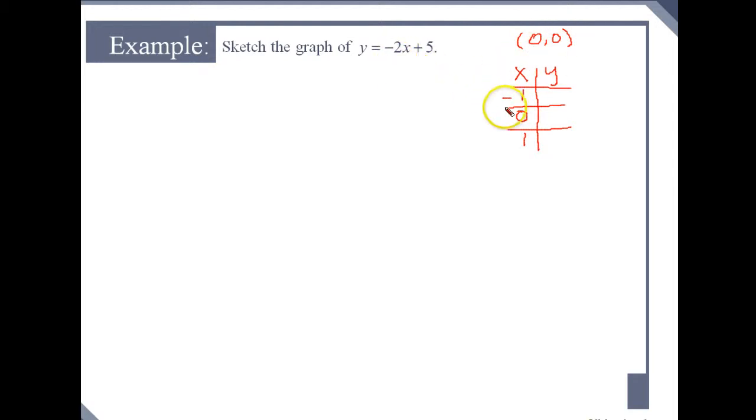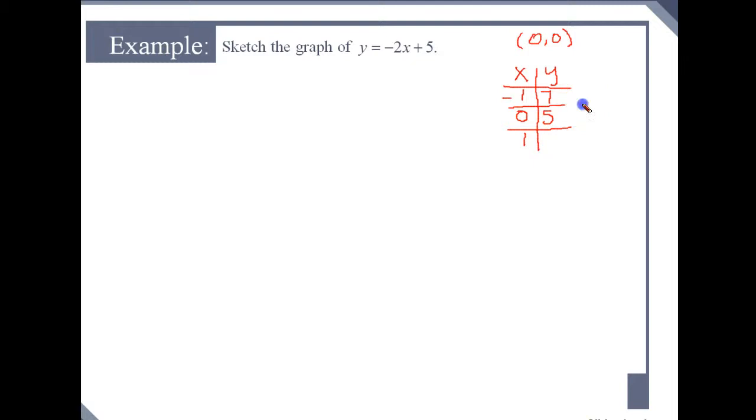So if x is -1, -2 times -1 is +2, plus 5 is going to be 7. If x is 0, -2 times 0 is 0, so this just becomes a 5.